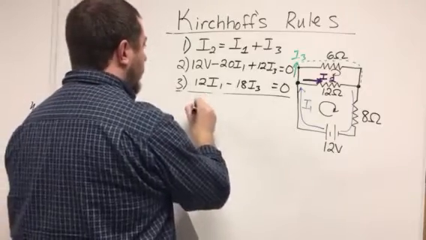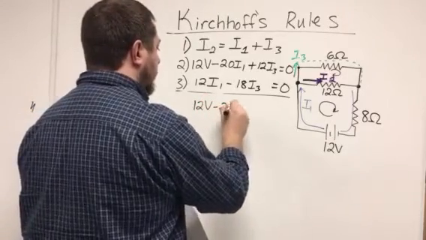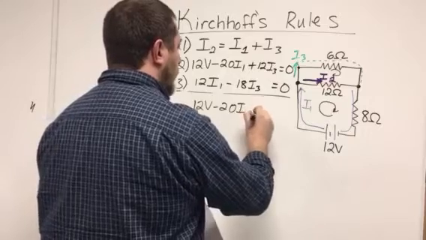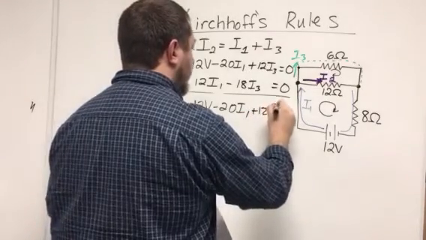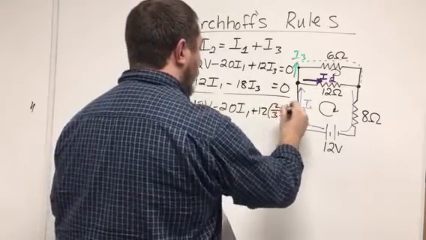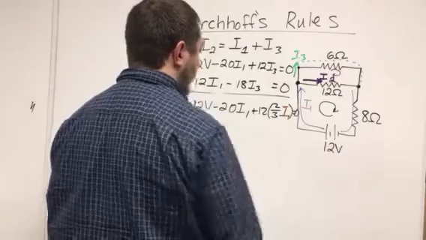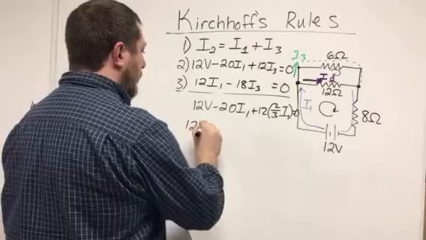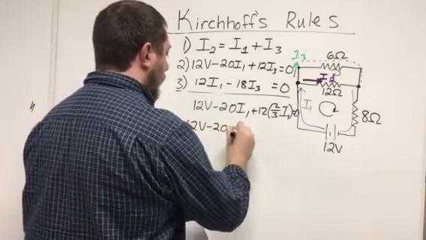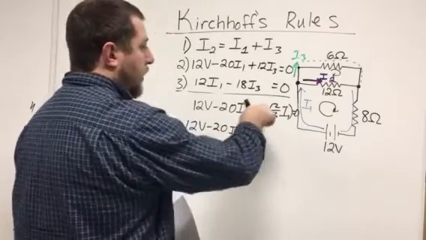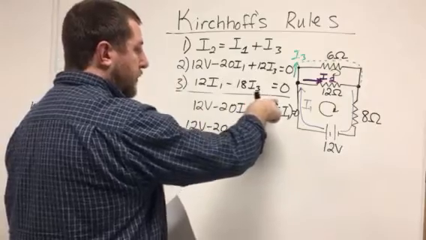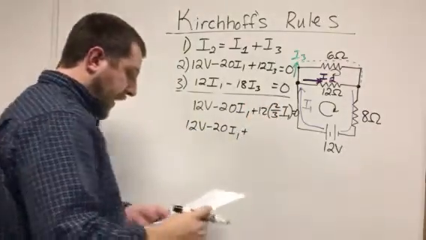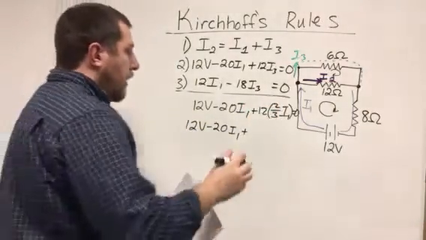So then I'm going to get 12 volts minus 20 I1 plus 12 times 2/3 I1, and all of that equals 0. Okay? So this is going to be 12 volts minus 20 I1 plus 12 times 2/3 is 8, right?